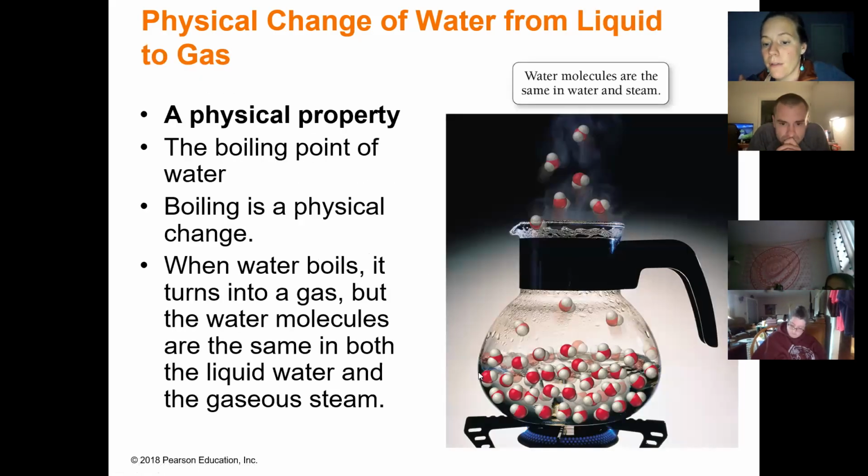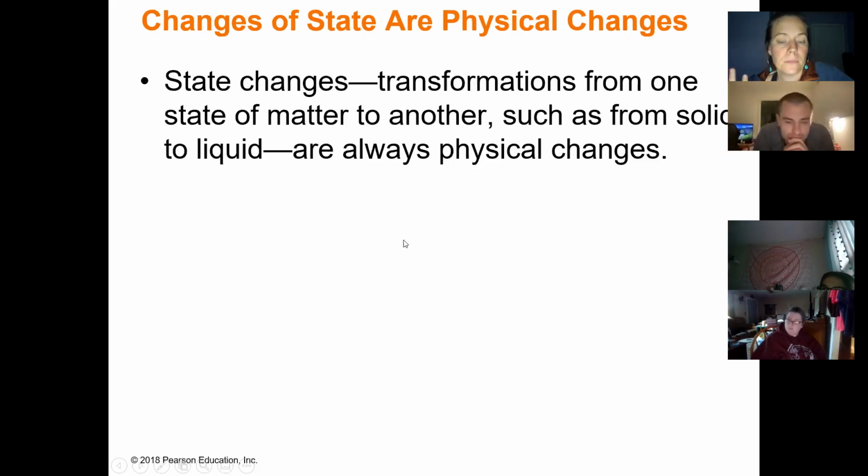Down here in the coffee pot, it's liquid H2O. Up here, it's gaseous H2O, but there's still little H2O packets. I haven't changed what those things are on a molecular level. So any state changes, transformations from one state of matter to another, are always physical changes. And that can be tough sometimes for people to accept because physical changes or transformations in phases can look so dramatic.